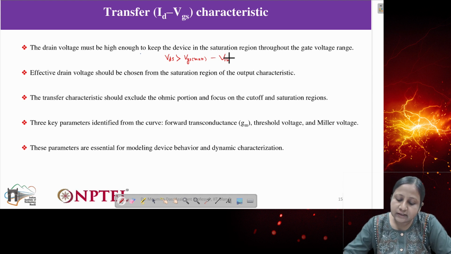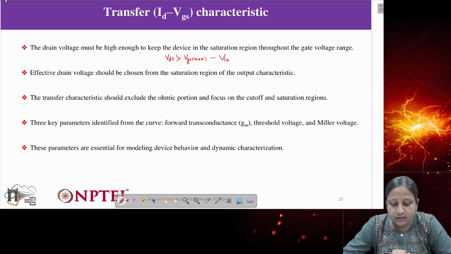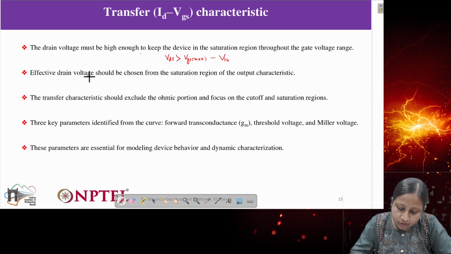This is the voltage we have to consider for this characteristic. The effective gate voltage should be chosen from the saturation region of the output characteristic. The transfer characteristic should exclude the ohmic portion and focus on the cutoff and the saturation region.